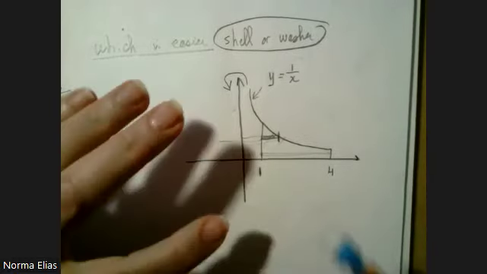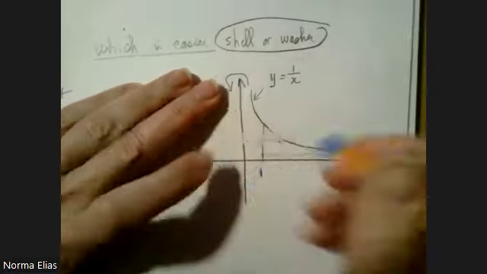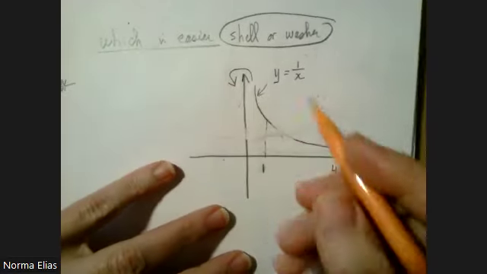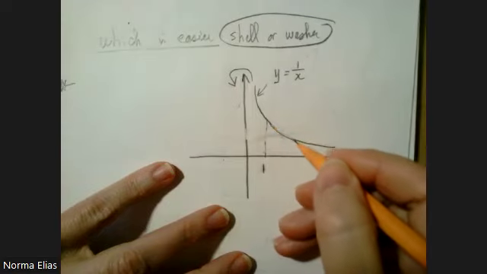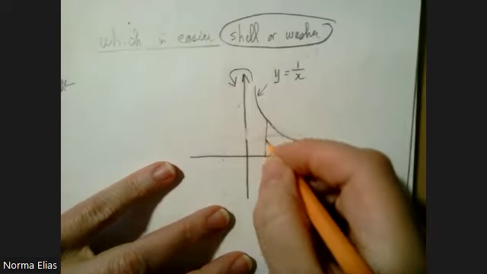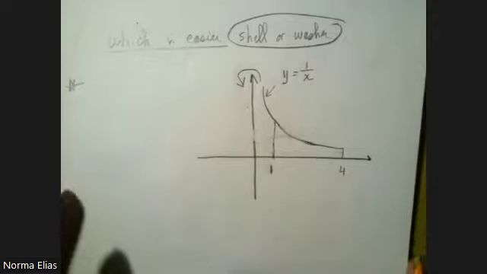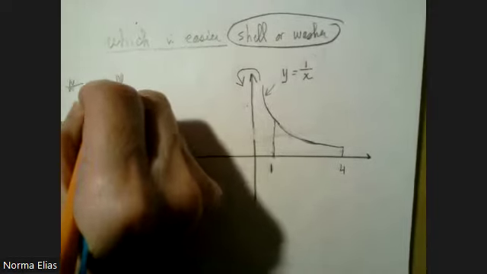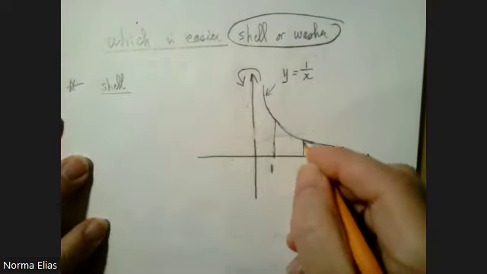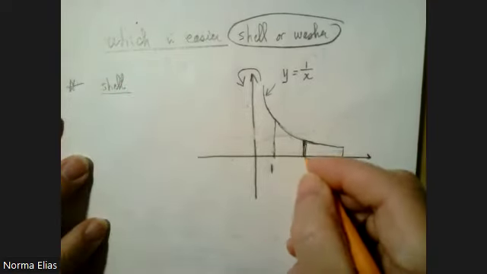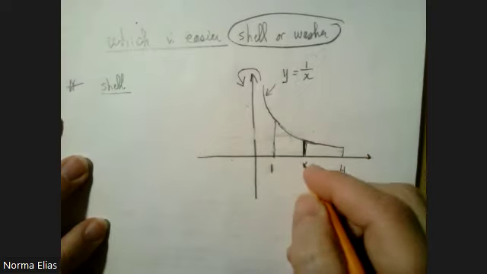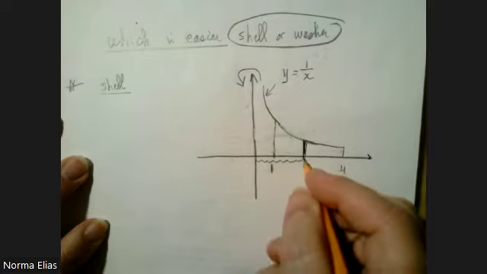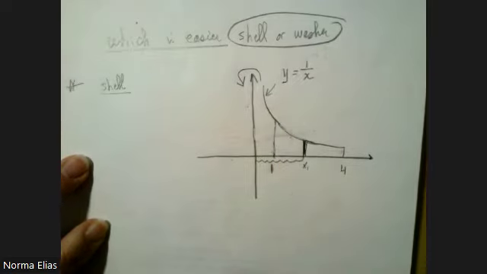What about the shell method? Is it easy in this case or hard? What do you think about the shell method? Easier. The shell is much easier. Because if I take any slice here, this is my xi, and I rotate it, the radius is xi, there is no question with it.